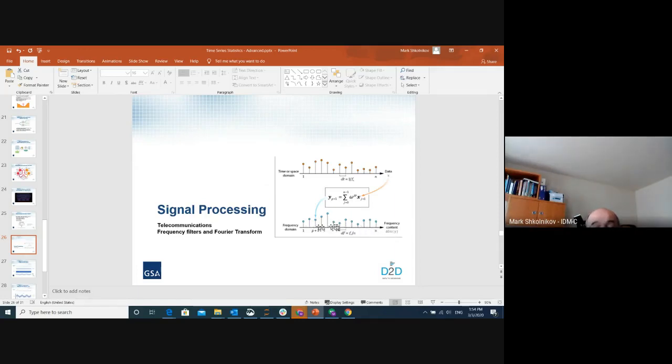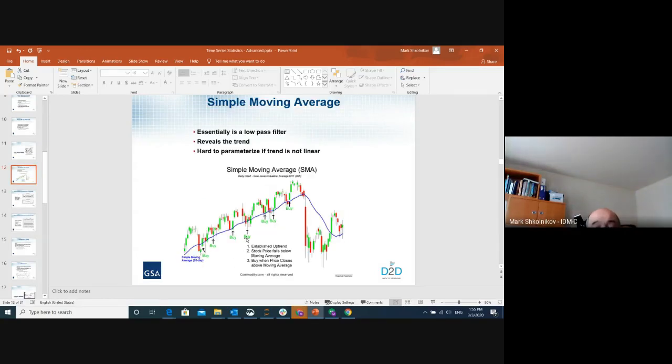So what is frequency? Let's go back to this slide. When we are doing this smoothing filter, or moving average filter, or running average filter, what essentially we're doing, I called it a low pass filter. It cuts this kind of fast fluctuation.